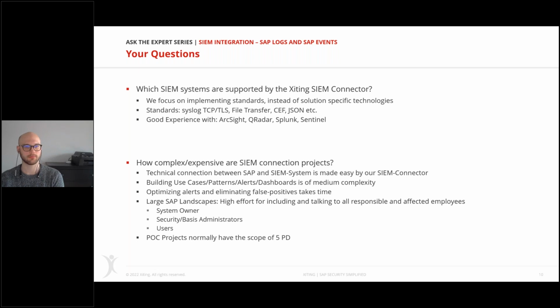Does SAP have an app for QRadar instead of a SIEM connector? SAP does not have an app for QRadar. What I know is that SAP Enterprise Threat Detection can forward alerts to QRadar. They have this on their website, especially for QRadar.